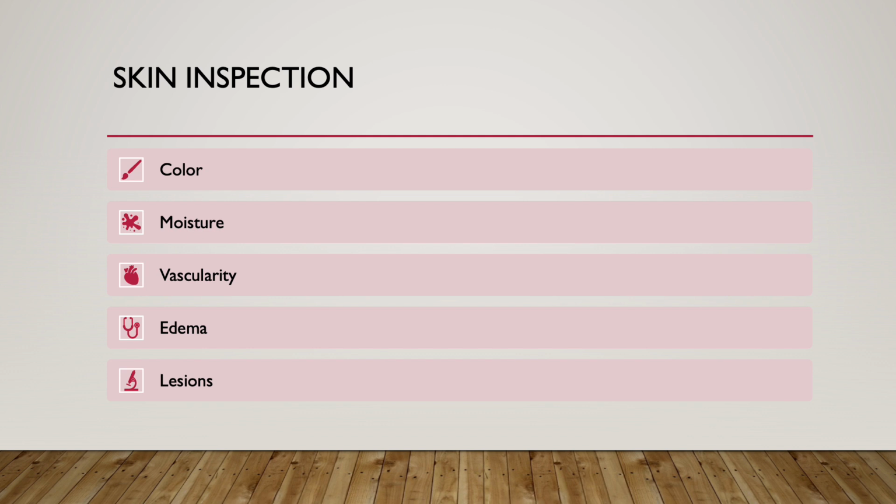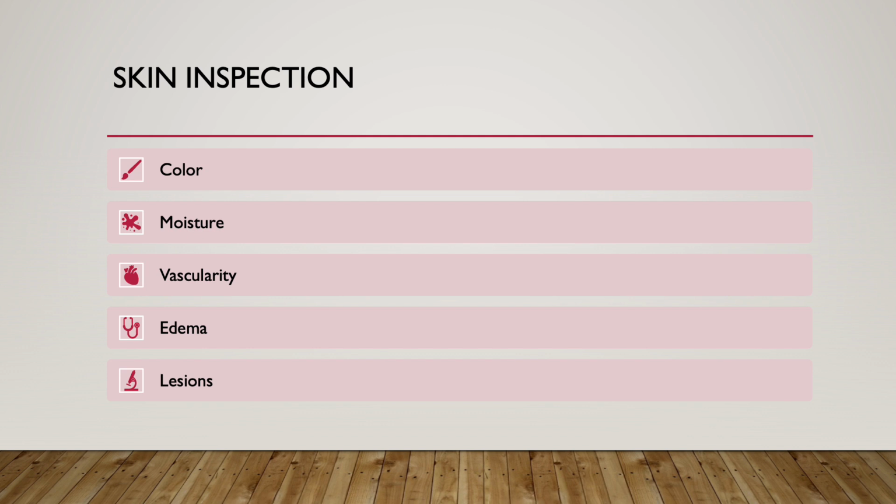Skin inspection: every time you go to a different area of the body, you inspect the skin in that area. You inspect the skin for color, moisture, vascularity, edema, which means swelling, and lesions. And a lesion is just a broad term that describes any unusual finding.